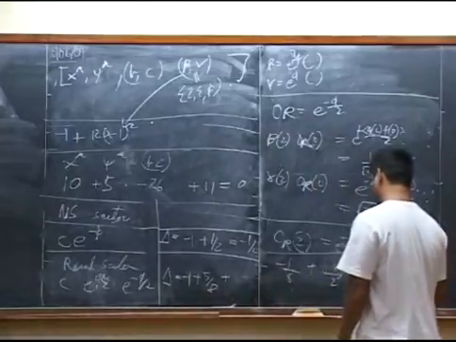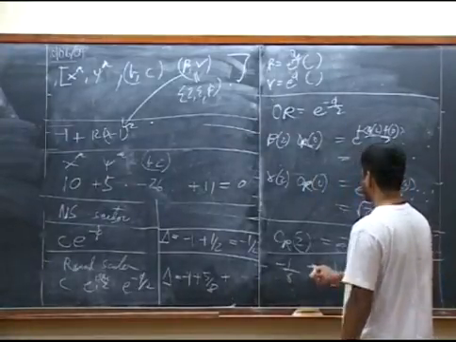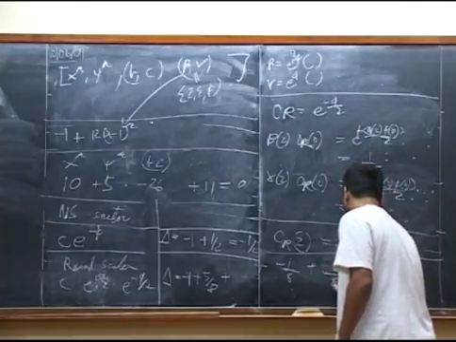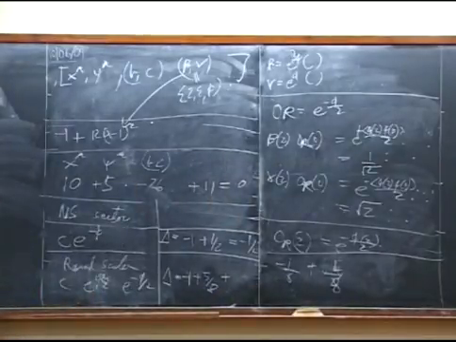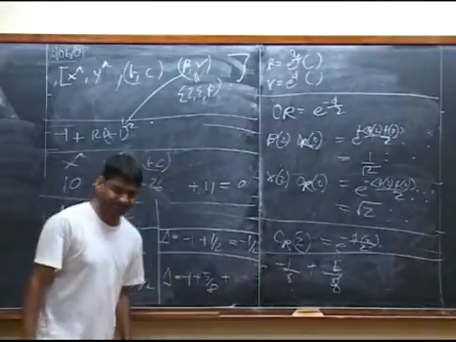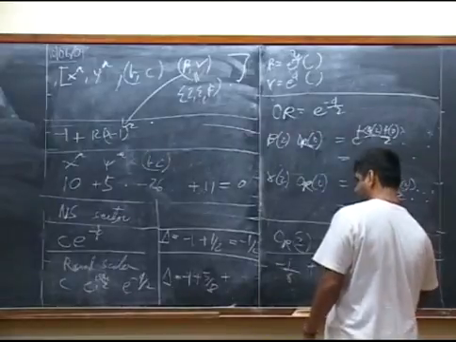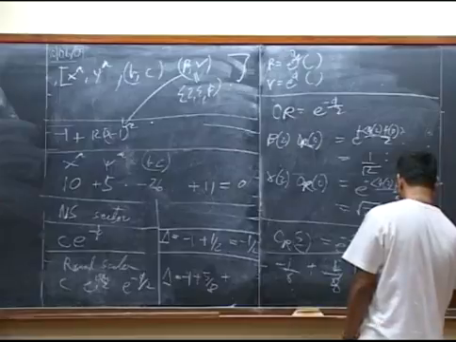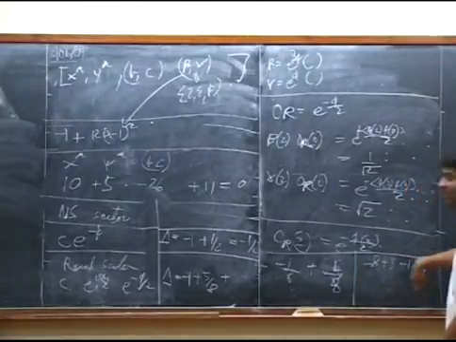So minus 3 by 8, plus 3 by 8. So let's just leave it as plus 4 by 8. Okay, so now let's add up this with this. We put everything over 8. So we get minus 8 plus 5 minus 1 plus 4. So that's 9 minus 9.